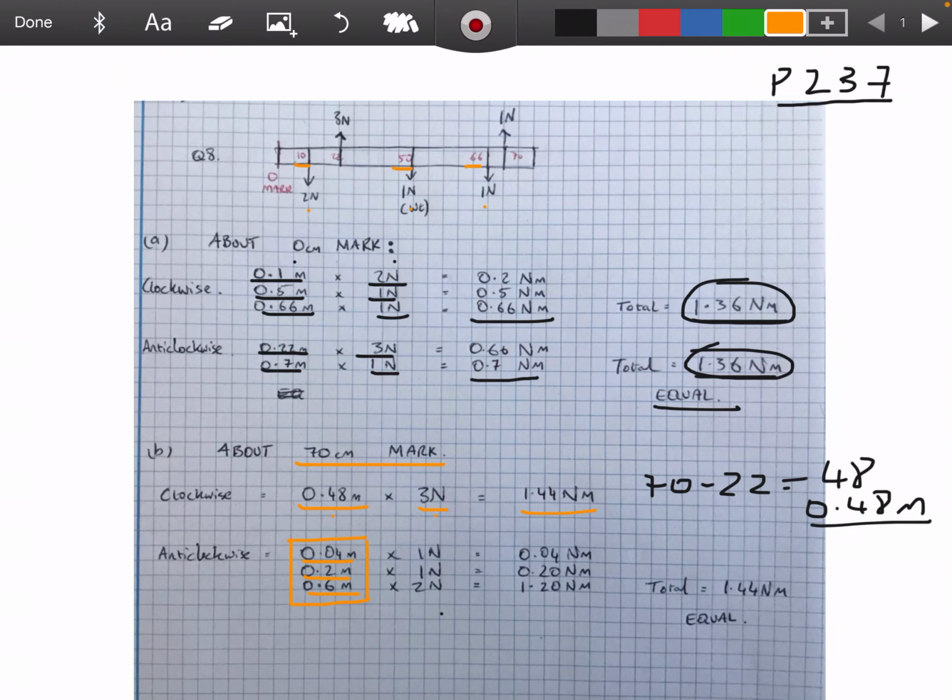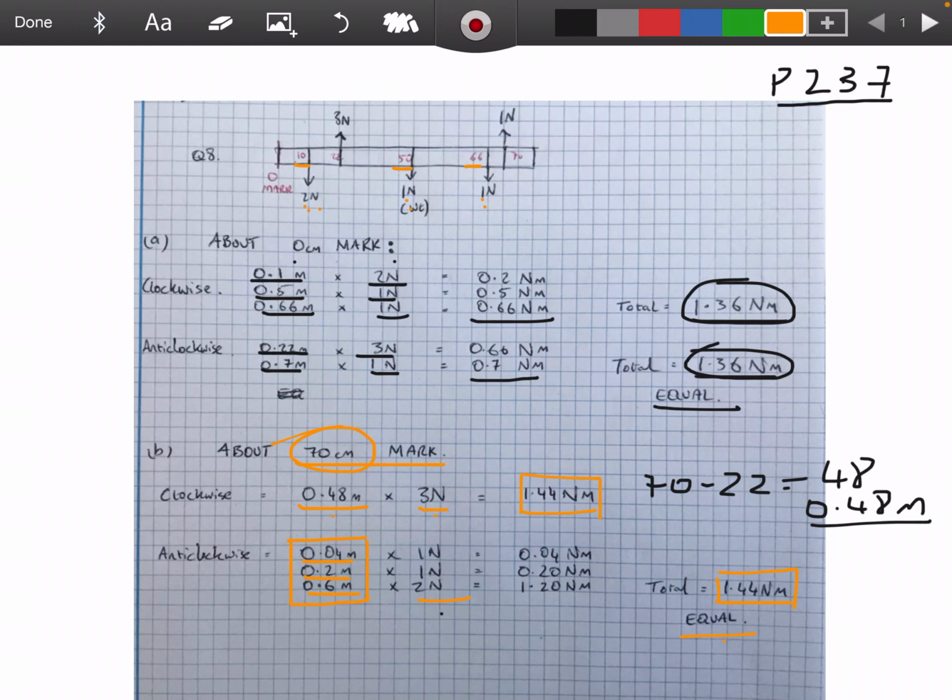So they're all my distances. And the weights are given to us, 2 newtons, 1 Newton, 1 Newton. So I have them marked in. And then you multiply them out, add them together again, and we end up at 1.44 Newton meters, and they are equal. The anti-clockwise and the clockwise moments about the 70 centimetre mark are equal.